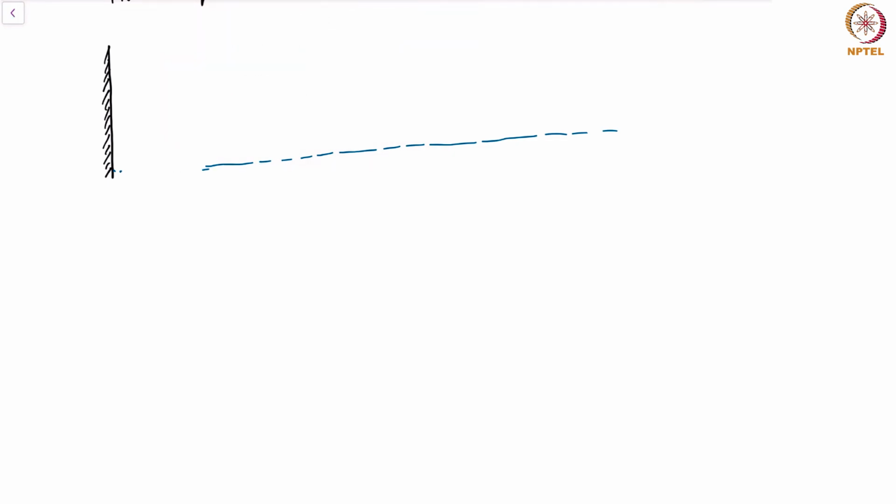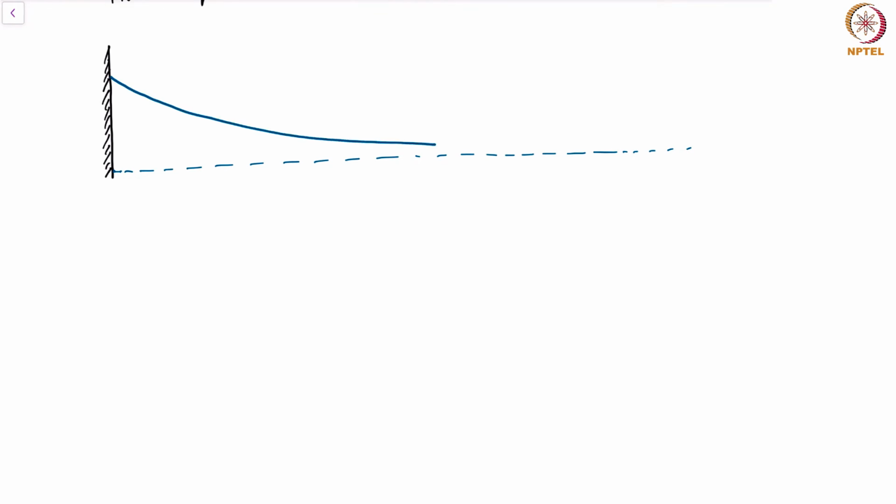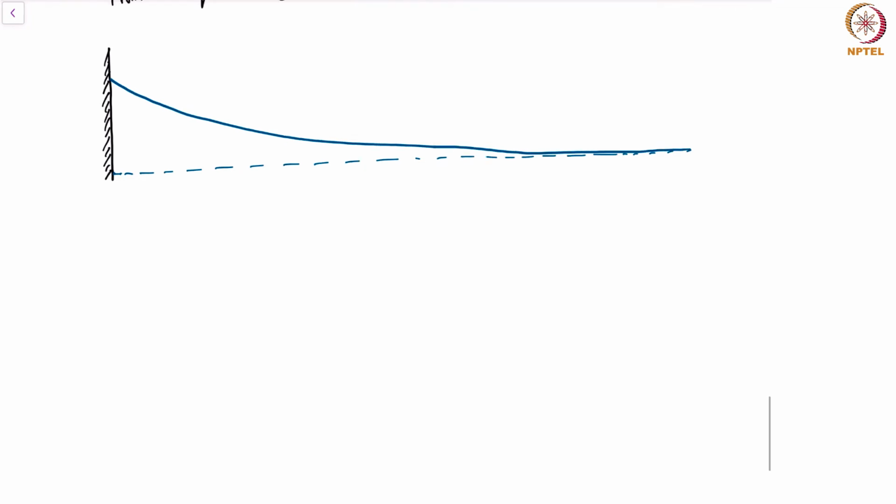Let me do that again. This is the shape of the fluid in the far field, but then the actual shape of the meniscus would be, we'd approach this far field. Okay. Now we want to do a force balance.